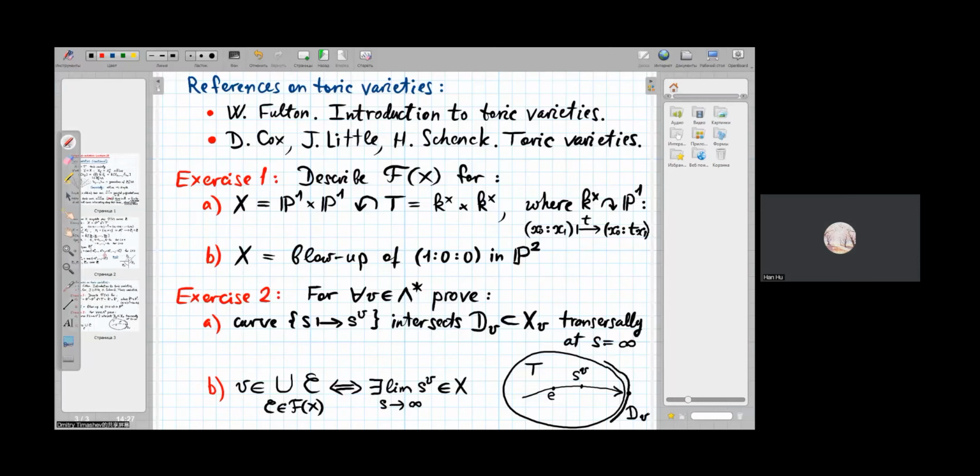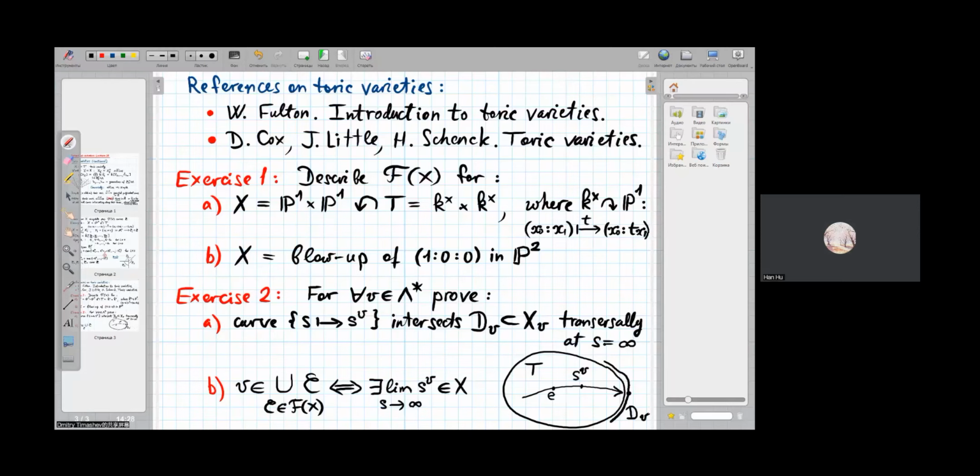So the limit in an algebraic sense, because what is this curve? This curve is a map from k cross, from the punctured affine line, to X. And when you speak about the limit, this means that this map from the punctured affine line to X extends to the point at infinity. So you add the point at infinity and you get the projective line. I do not claim anything about the limit as s tends to 0.